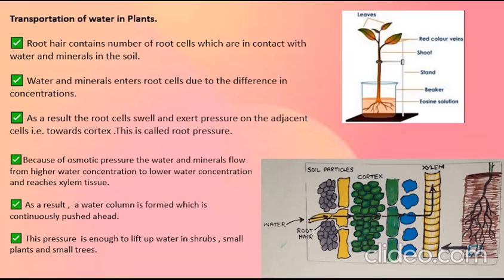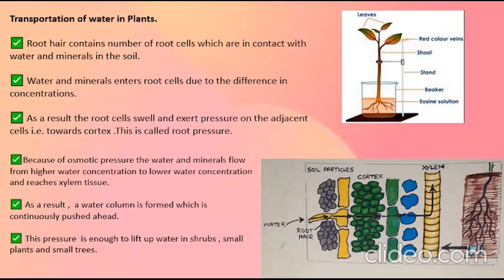Now root hair contains a number of root cells which are in contact with the water and minerals in the soil. Now when the water and minerals enter the root cells, due to the difference in concentration, the root cells swell and exert pressure on the adjacent cells, that is towards the cortex. So this is called root pressure.